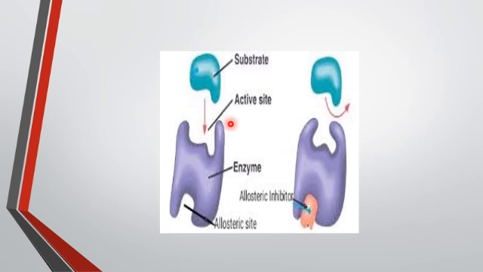So this is the active site and this is the substrate. It has to bind with this. But when the inhibitor binds at this allosteric site, this particular site becomes not suitable for substrate binding. That is why the reaction is inhibited by the allosteric inhibitor.